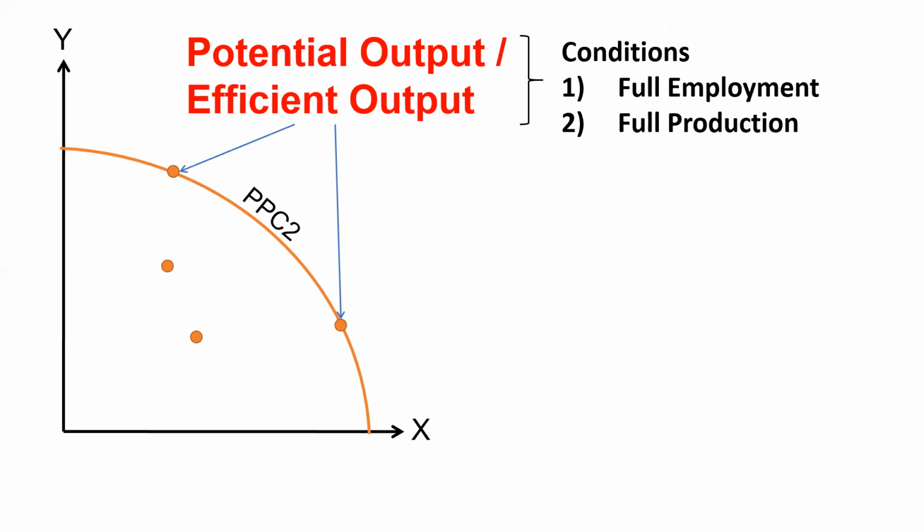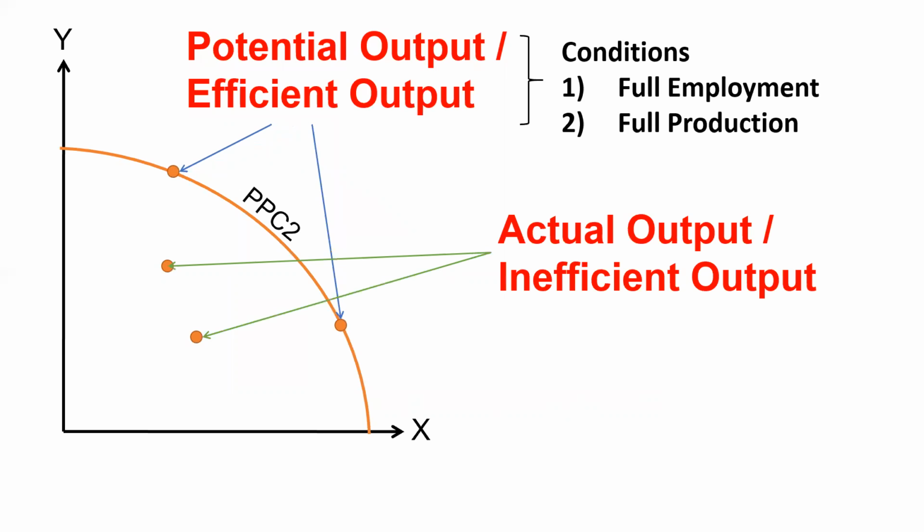If the economy is running on the PPC, there is an opportunity cost. That means if the economy is running at a point on the PPC, you can't increase one production without reducing other production. But if the economy is running at a point inside the PPC, there is no opportunity cost.